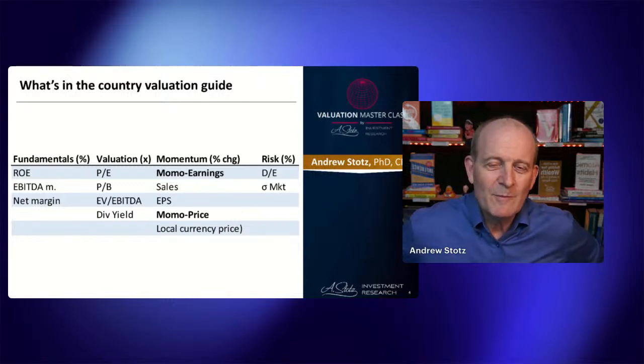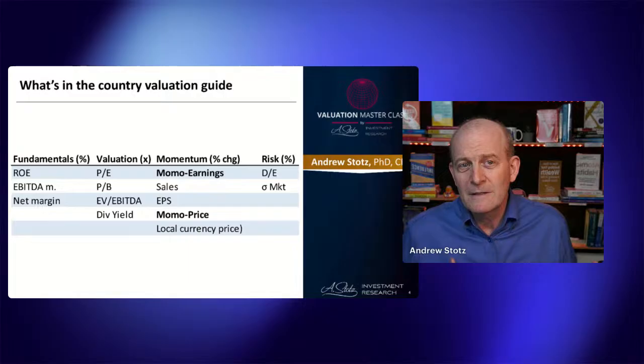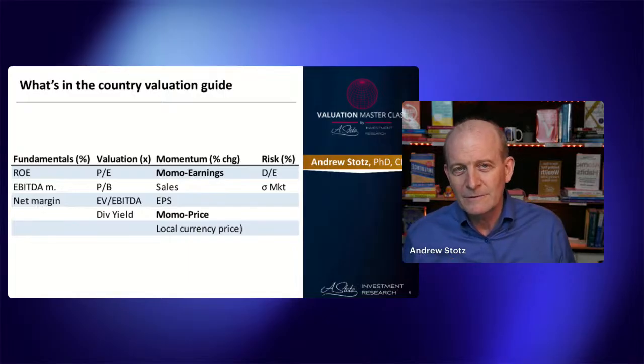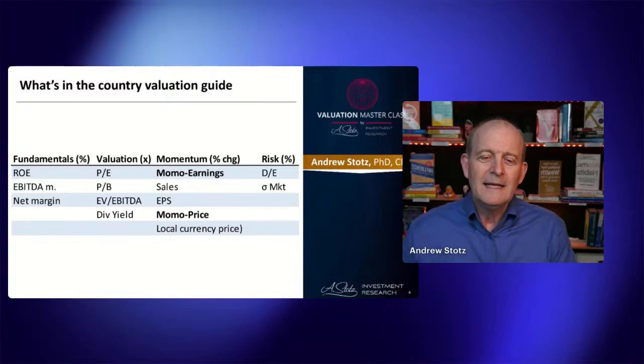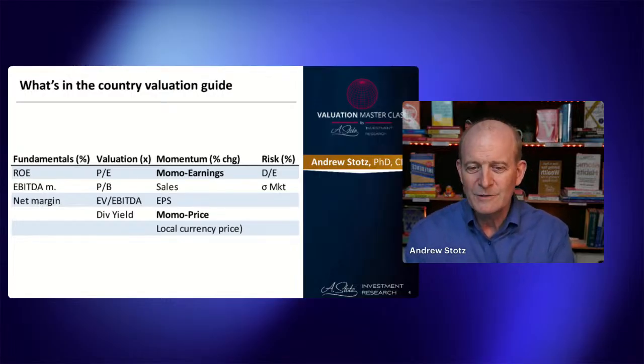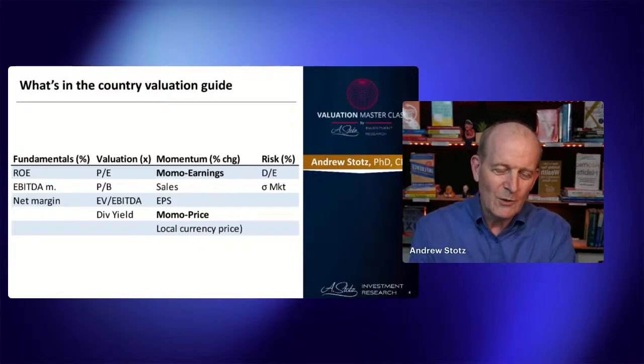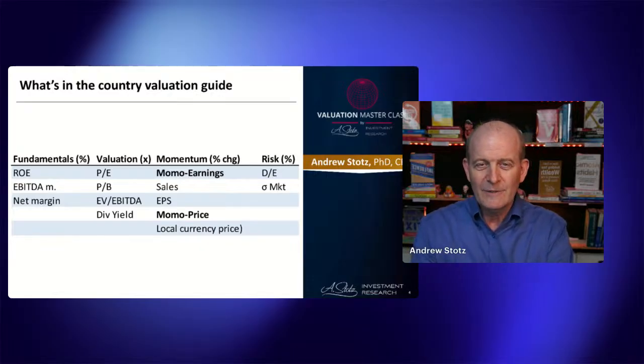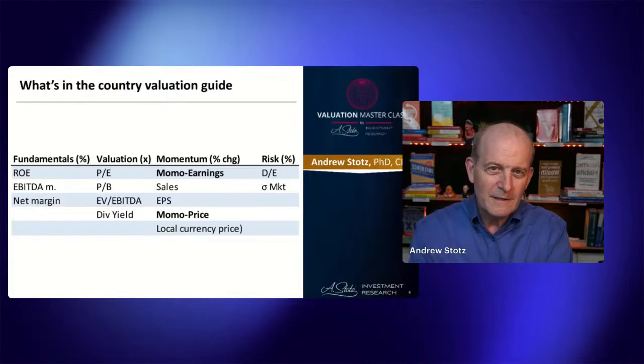I'm concerned about momentum that's fundamentally related momentum, which is sales and EPS. And I'm also concerned about the momentum related to price, which is, I always look at local currency price when I look at these numbers. And then finally, risk.